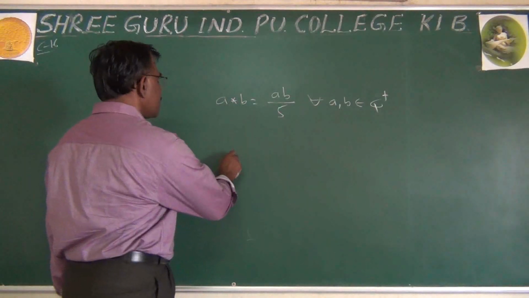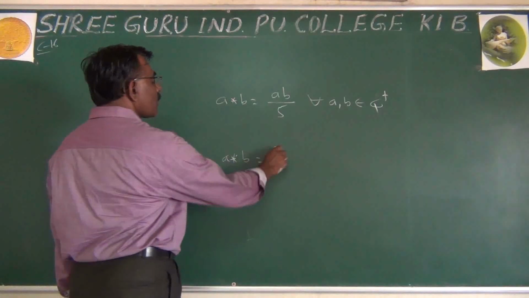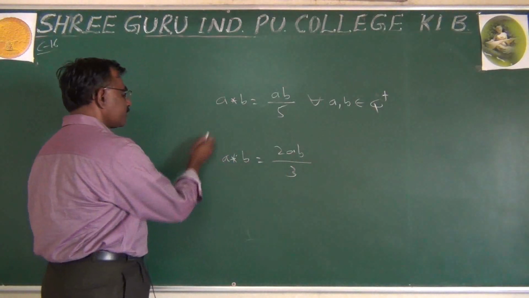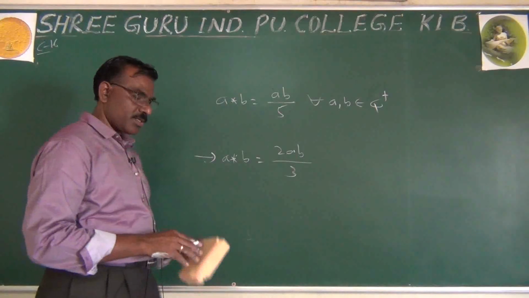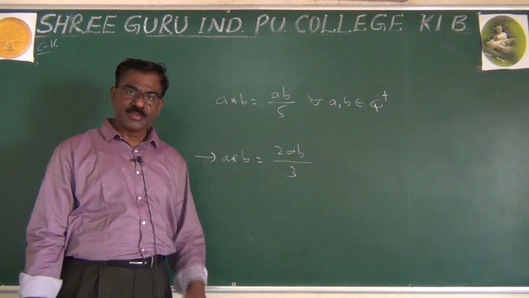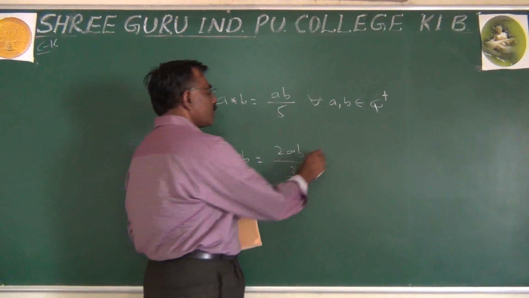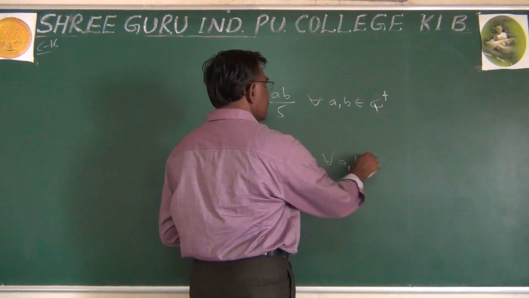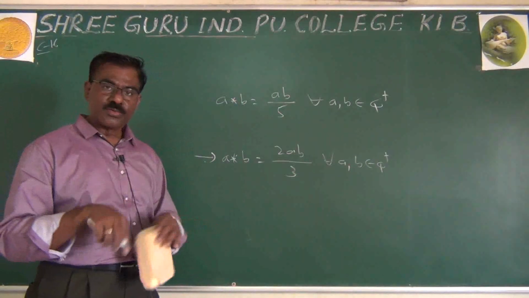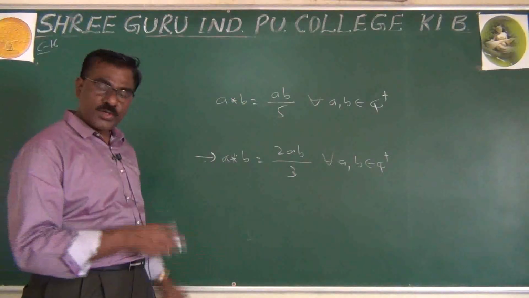Even A star B equals 2A by 3. Main question, commutative: same for all A, B belongs to Z plus, for all A, B belongs to Q plus. Easily commutative, yes commutative. And associative is also satisfied.